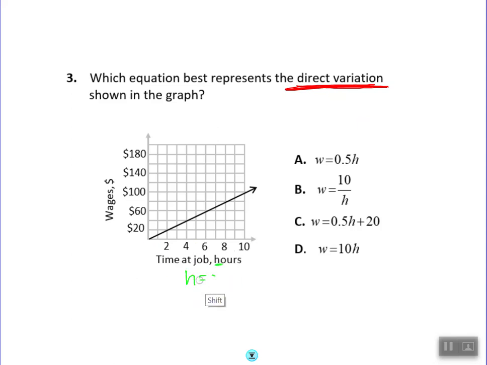So we're going to make H be X, and W is going to be Y. So I'm just going to go ahead and change those in our equations. So we have y equals, and I'm going to change all of my h's to x's. Now I'm just going to go to Desmos and type all of these equations in.